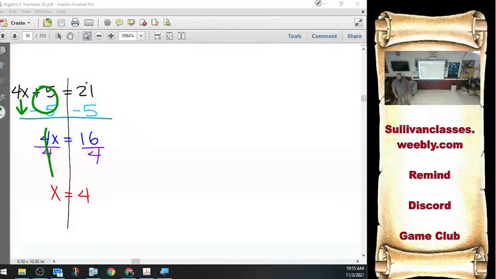How much do the Happy Meals cost? Well, $21 minus $5, because I know that. So 4 Happy Meals is $16. So divide them by 4 and I'll know what 1 Happy Meal is. $4.